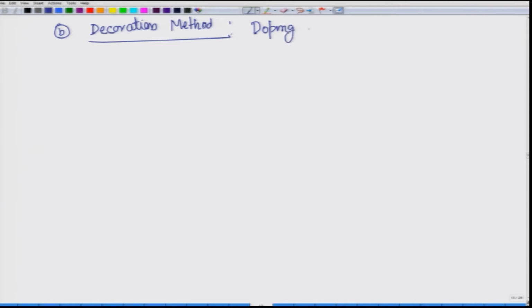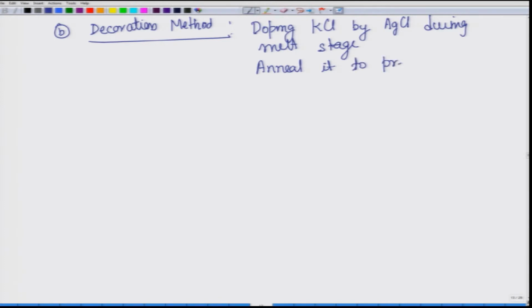In potassium chloride, people have doped it with silver chloride during the melt stage itself. Once it has solidified, it has a very small fraction of silver chloride present in potassium chloride, and then people anneal it, something like an aging operation, to precipitate out silver particles.